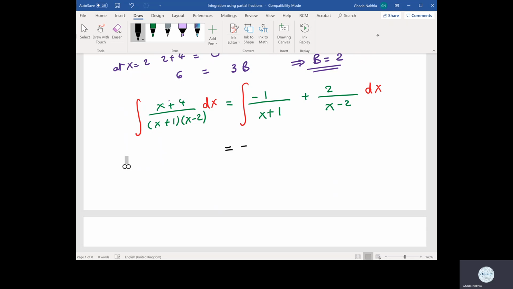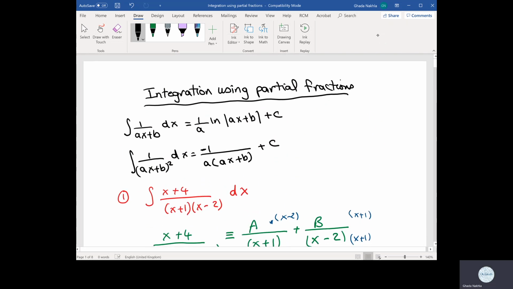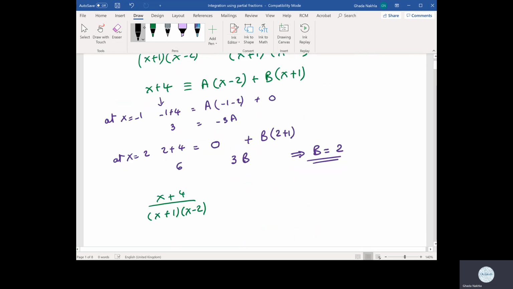Now leave the minus alone and let's take a look at this one here. Let's scroll to the very top, and you will find that it's equivalent to the one at the top. So it's equal to 1 over a ln mod ax plus b plus c. Let's go back and write this down.